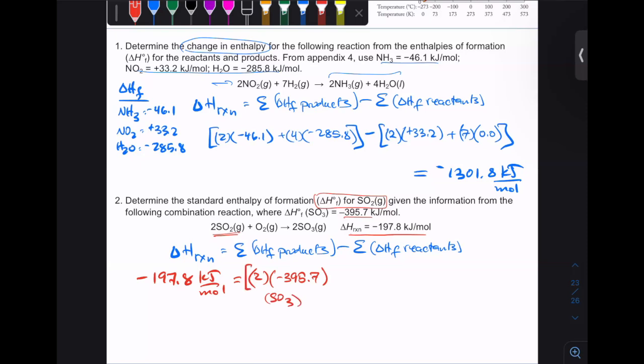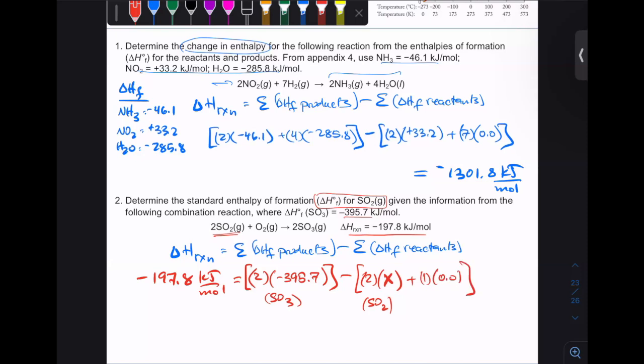And that's all we have in the products. For the reactants, it's going to be the 2 moles of the SO2 gas, but that's our unknown. So let's just call that X. This is for SO2. And to that, we're going to add 1 mole of O2. But again, O2, that's how you find it in nature. So this is 0.